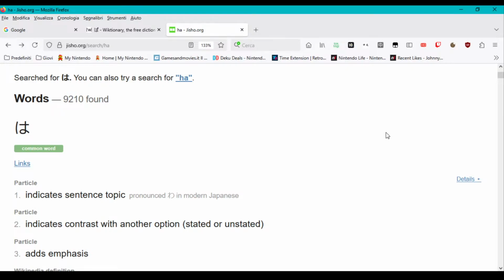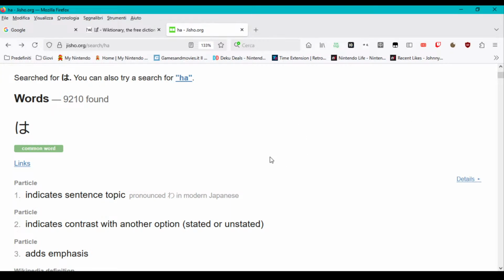And so wa, written as ha, is the particle for the sentence topic. More often than not, that corresponds to the subject of the sentence.